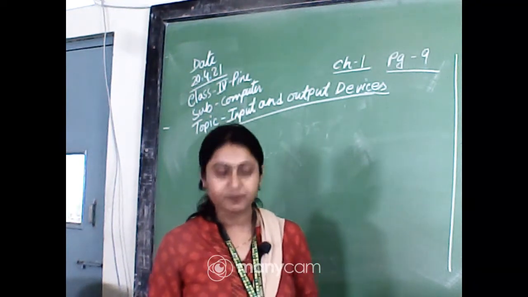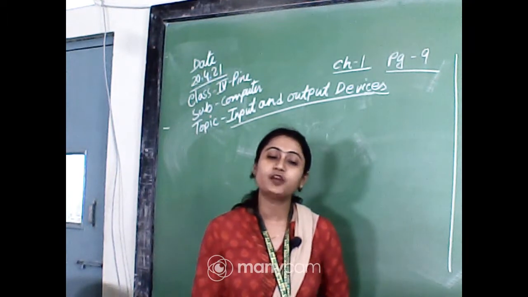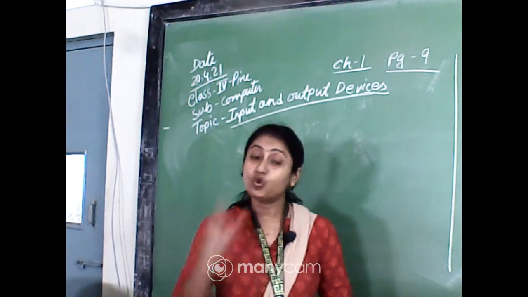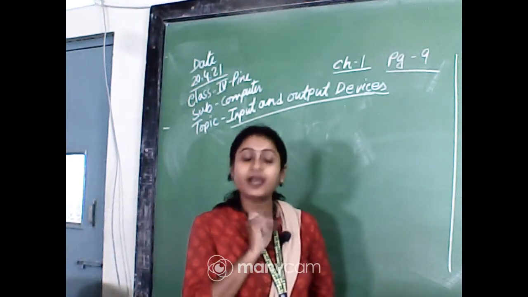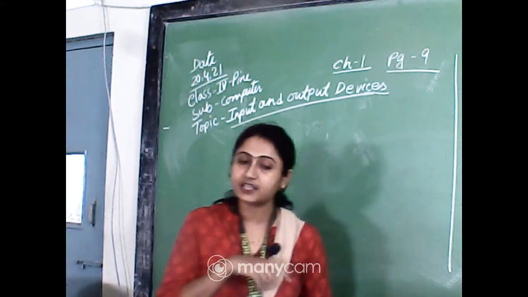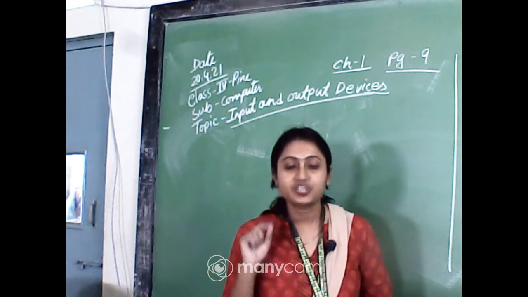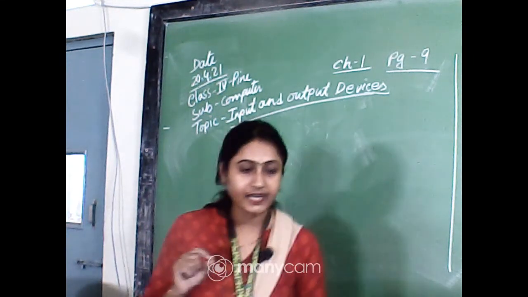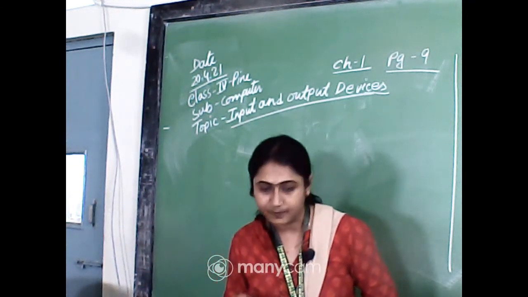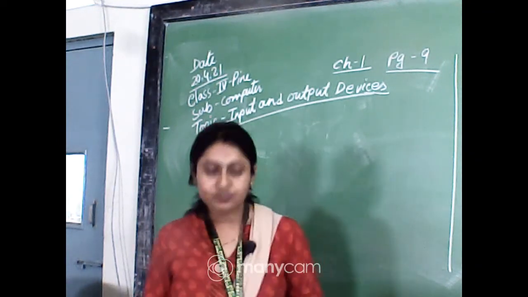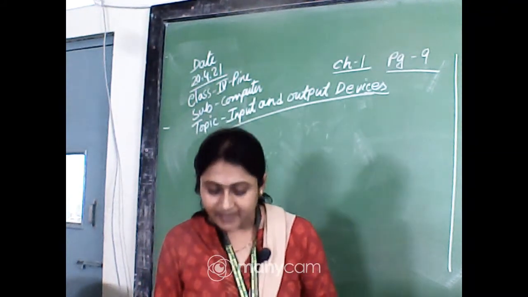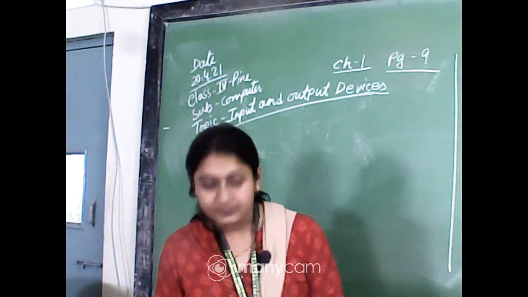In which type of monitor can we use the light pen? Only the CRT monitor, cathode ray tube, the very first type of monitor we used. Only on that monitor can we use the light pen. On an LED or LCD monitor we cannot use this pen, okay. And it is used by engineers, designers or architects.